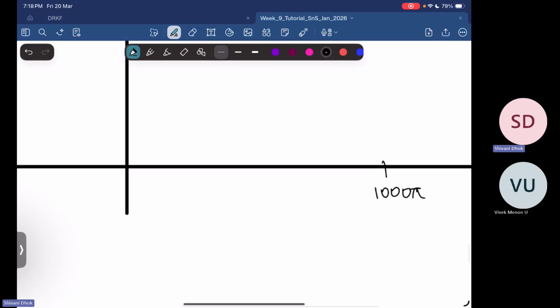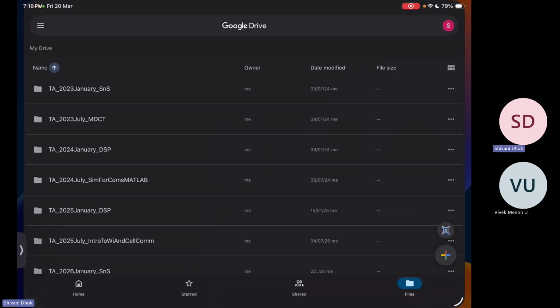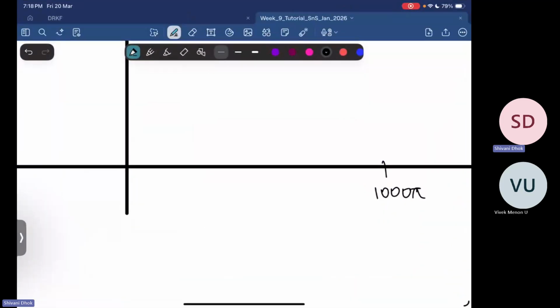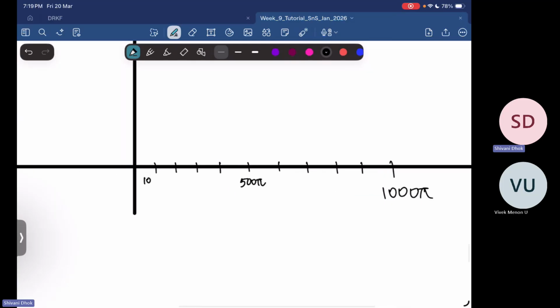So then I'll have this is 500 pi. So this is 100 pi, 200 pi, 300 pi, 400 pi, 600 pi, 700 pi, 800 pi, 900 pi.